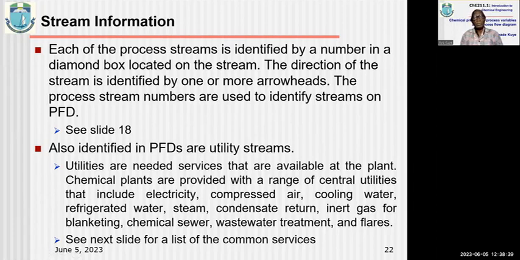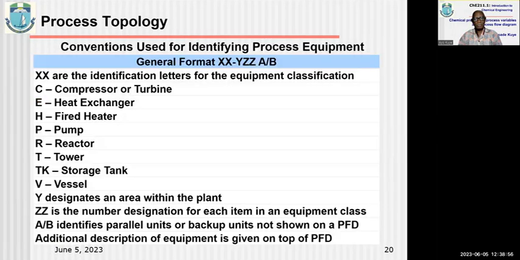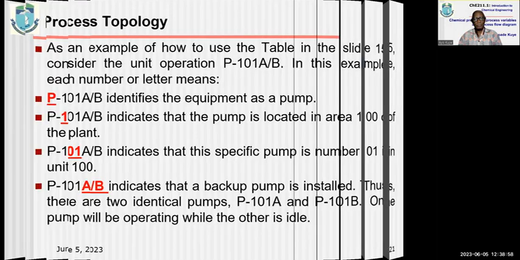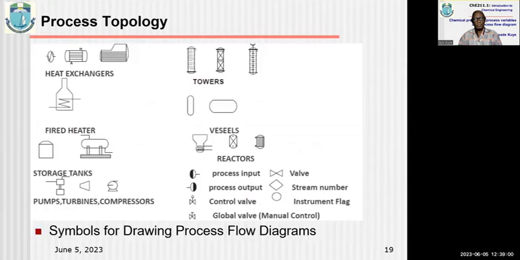Again, just like we said, each stream will be identified by a number, always put in the diamond box. If you look at this table here, you can see the stream number.